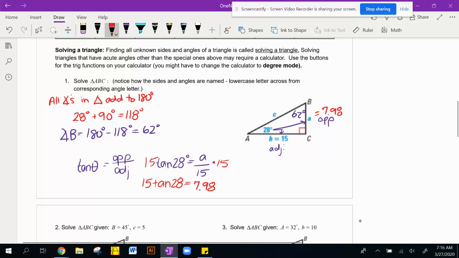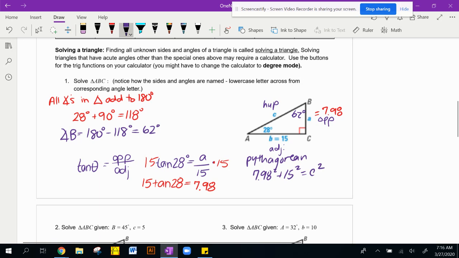Now the last side we're missing is side C. You could do another trig function, like we could do opposite and hypotenuse, we could do sine, or we can use the Pythagorean theorem, which says a squared, so 7.98 squared, plus b squared, 15 squared, equals c squared.